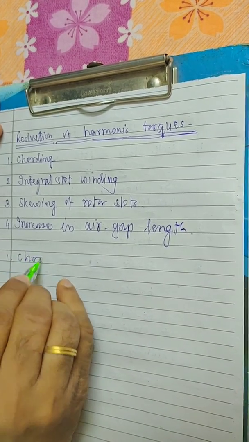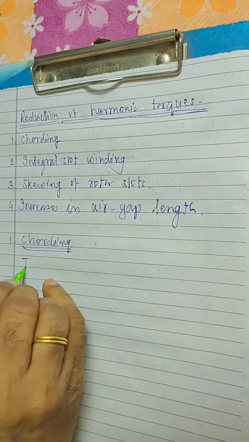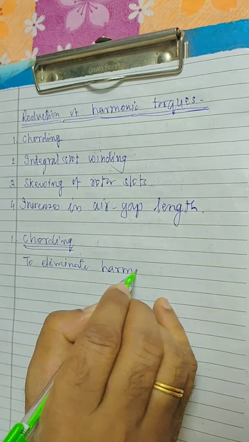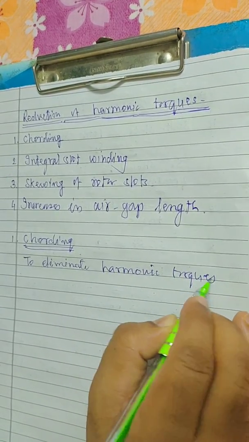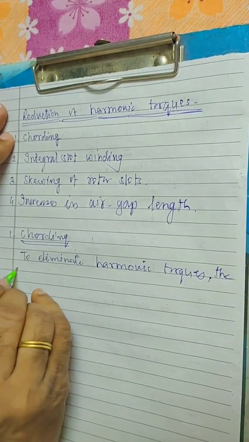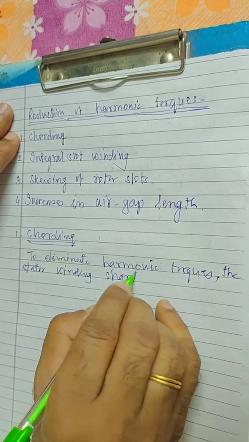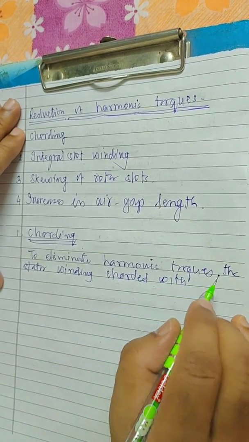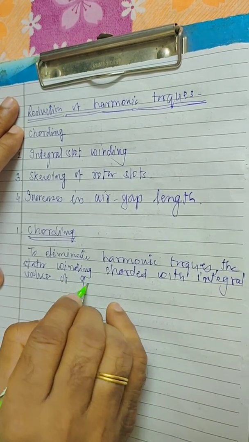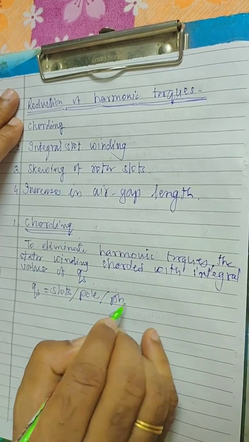Method number 1 is chording. To eliminate harmonic torques, the stator winding should be chorded with integral value of QS, where QS is slots per pole per phase.